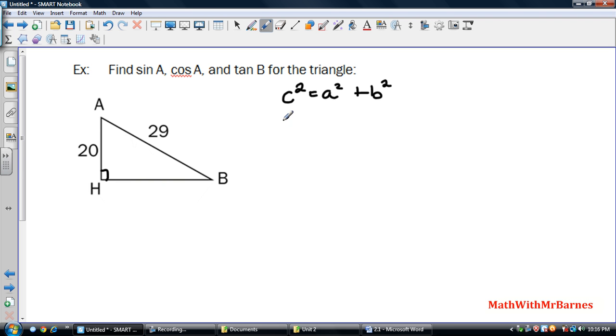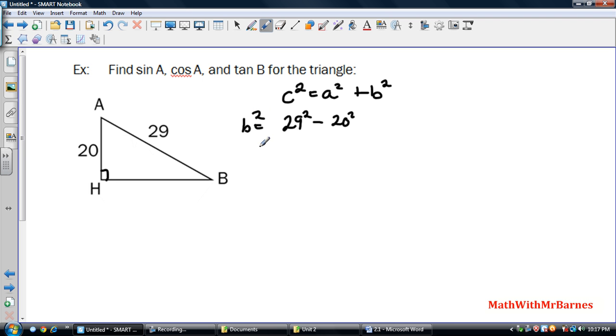So let's sub in some stuff. I'm going to rearrange this, so c squared minus a squared is equal to b squared. So I'll do 29 squared minus 20 squared, and I'll say that's equal to b squared. I'm just going to label this guy down here b squared.